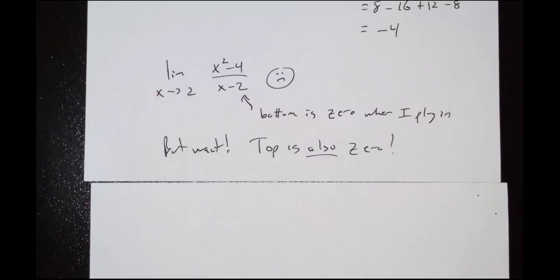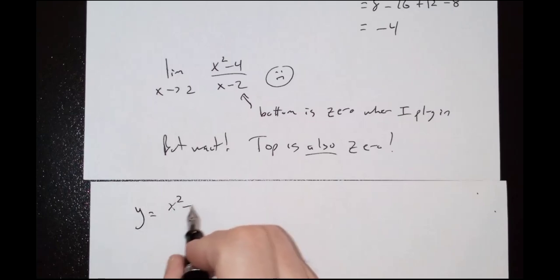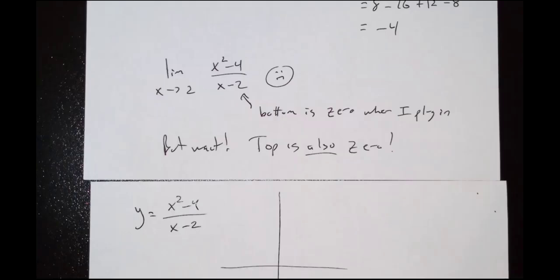What's your graph look like? If you hit trace and you put in 2, you get y equals blank, right? So it's really a straight line with a hole in it. When I graph this, I get this.